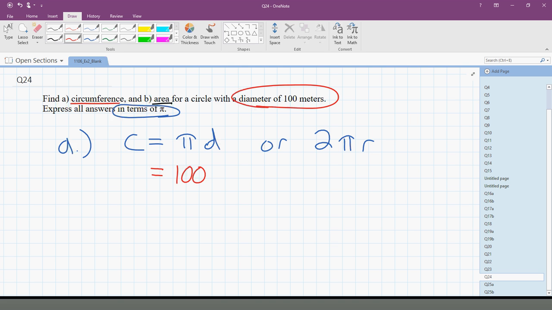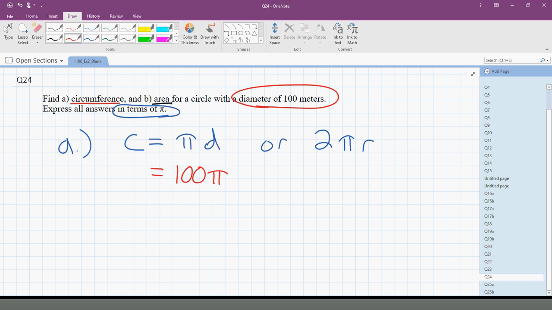And to leave it in terms of pi, all I'm going to do is write down pi. Don't put in the 3.14 that you're about to spout out to me, because I want this to be exact. And then, of course, there'll be a label. 100 pi what? What's the label? That's what I want to know.